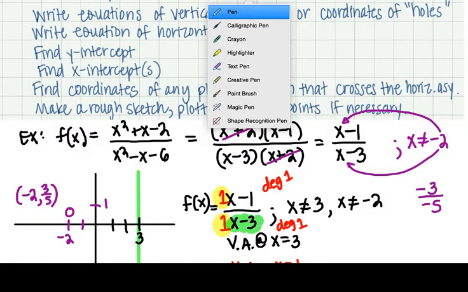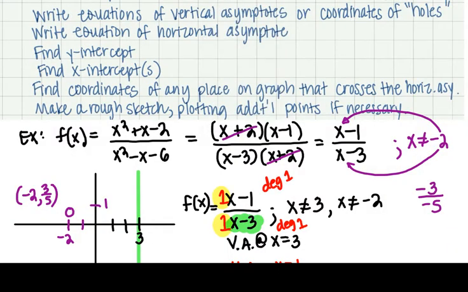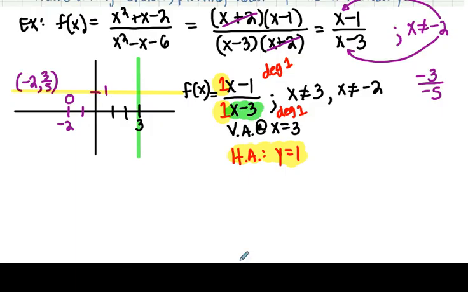And that 1 is coming not from the degree 1, but from the 1 over 1. And that's because they were the same degree in the numerator as in the denominator. So degree 1 in the numerator, degree 1 in the denominator. I'm going to explain what happens when you have different degrees in just a moment.